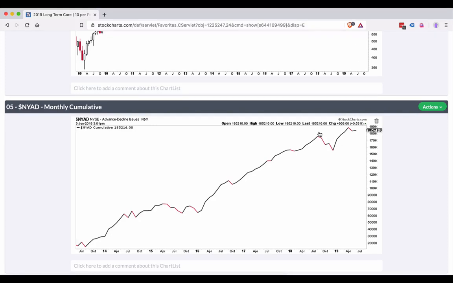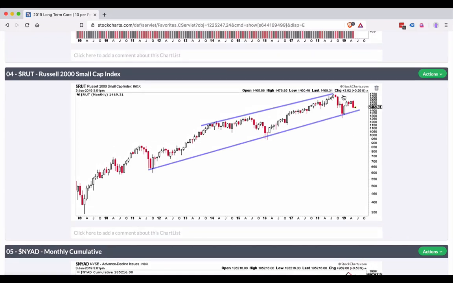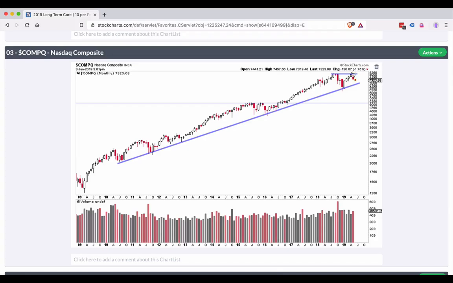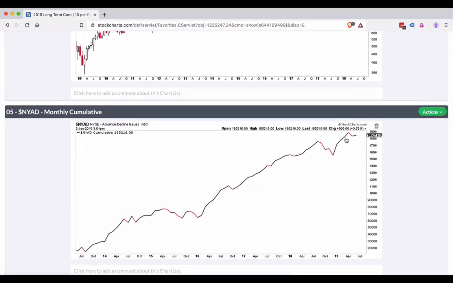There was no classic divergence where markets were trying to test the all-time highs here in May, but when we looked at internals, we had some big divergence that suggested failure was likely. We actually saw the opposite.